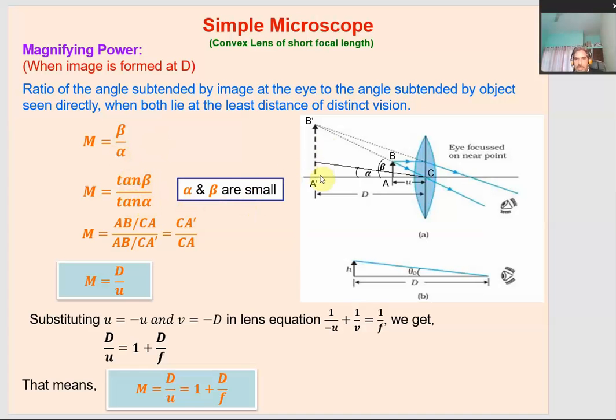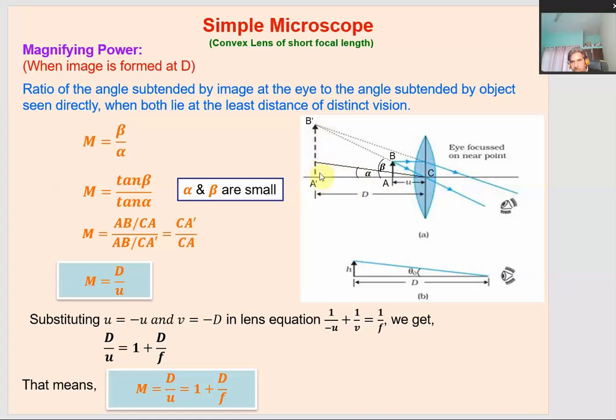In the triangle A dash B dash C, we will find tan beta, which is perpendicular upon base, and similarly in this triangle, with A dash C and B double dash, we will find tan alpha.